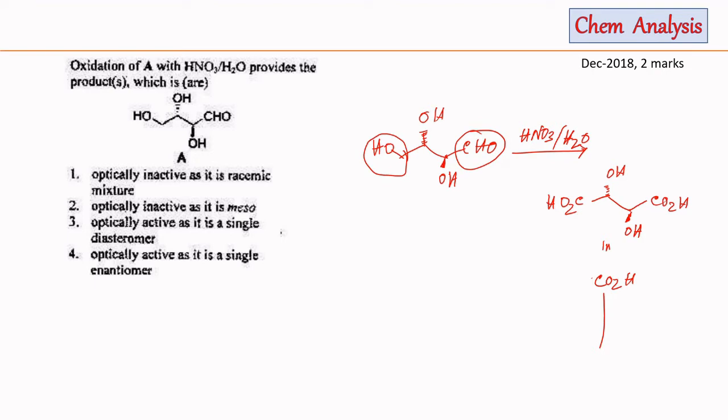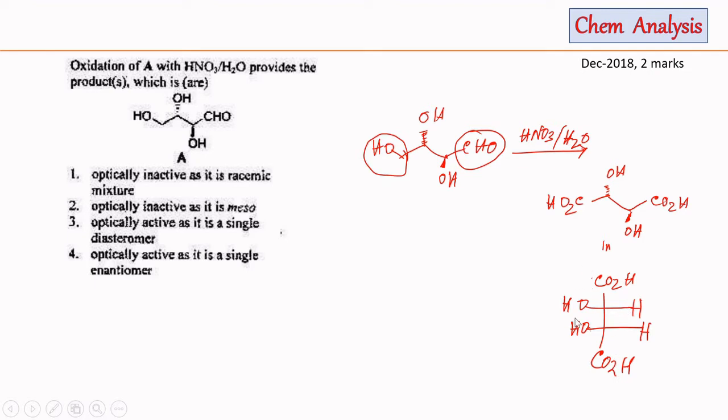So if we convert this to a Fischer projection, since at this carbon the OH group is above the plane, it will go on the left side and hydrogen will be on the right side. And for the latter carbon center, since the OH group is below the plane at the dash orientation, the OH group will be on the left side, and at the terminal this CO2H group will be present.